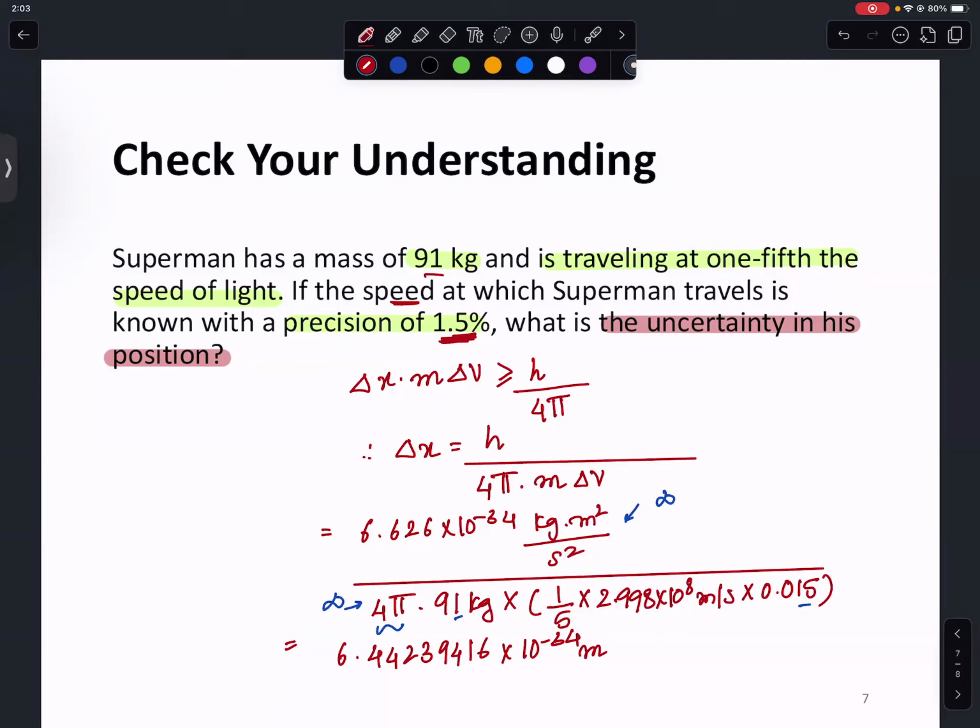Okay. So in this case, I can say that there is a very, very tiny uncertainty in Superman's position because he is a larger object.